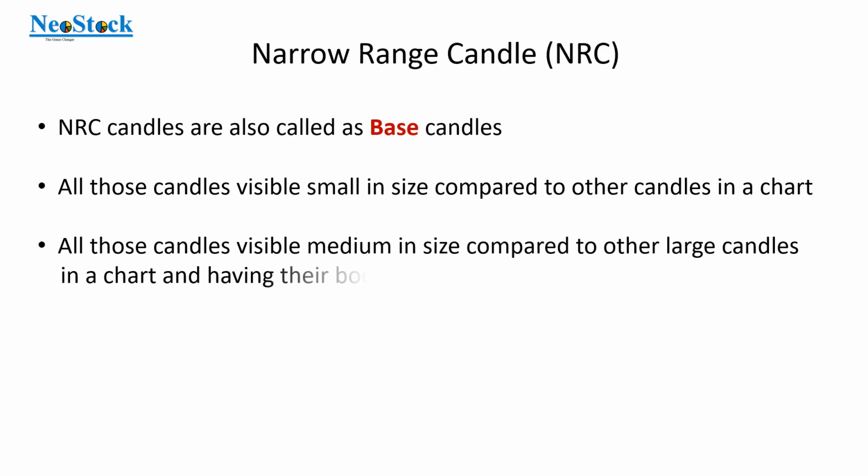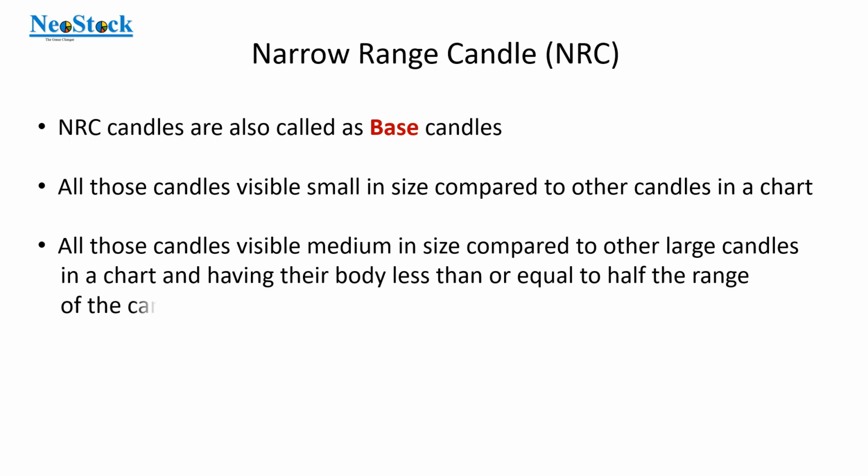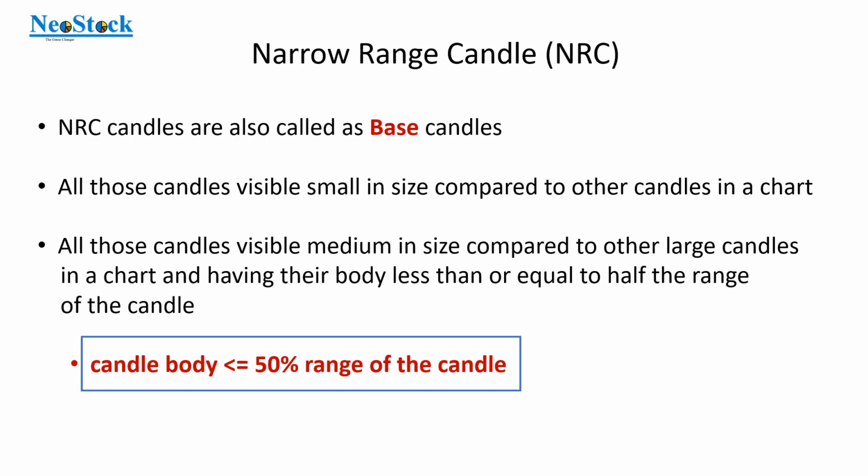Please read this point. I hope you read this point. Let me explain this point in a simple way with a small formula. If candle body is less than or equal to 50% range of the candle.